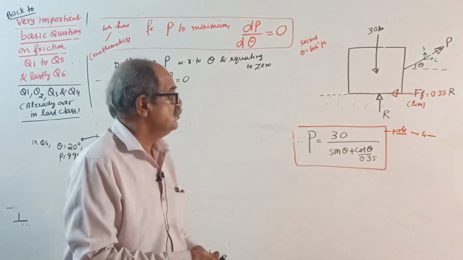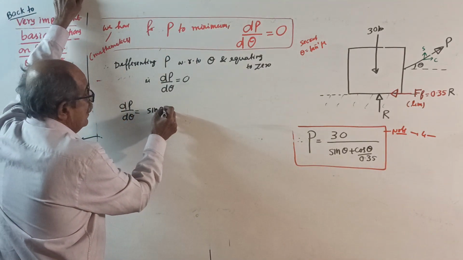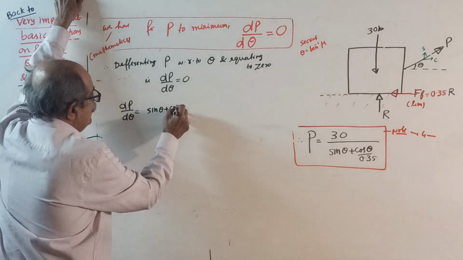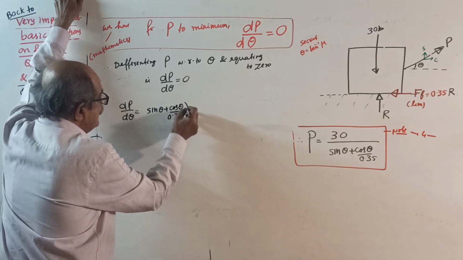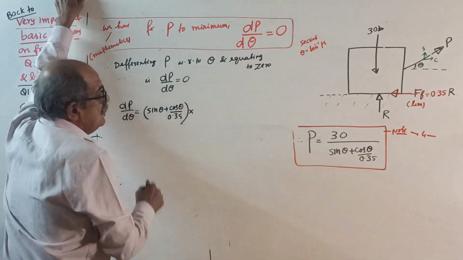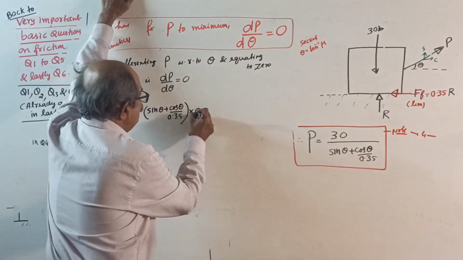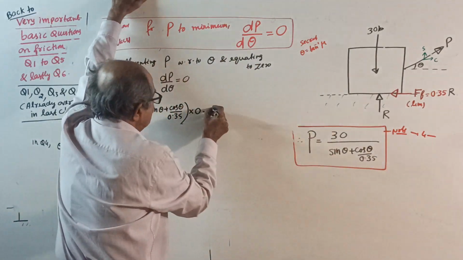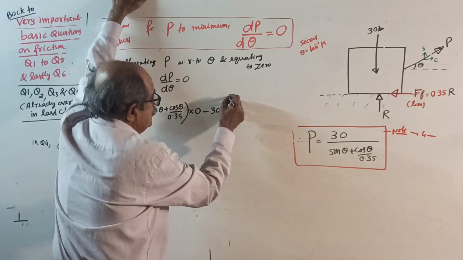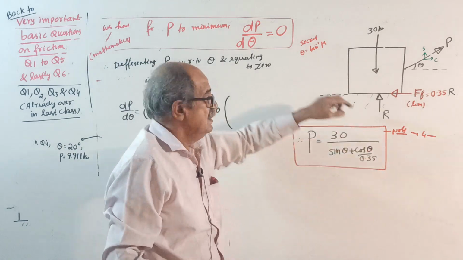I can't write here. So first denominator, sin theta plus cos theta divided by 0.35 is the denominator into differentiation of numerator, 30 is a constant, into 0 minus numerator 30 into differentiation of denominator.